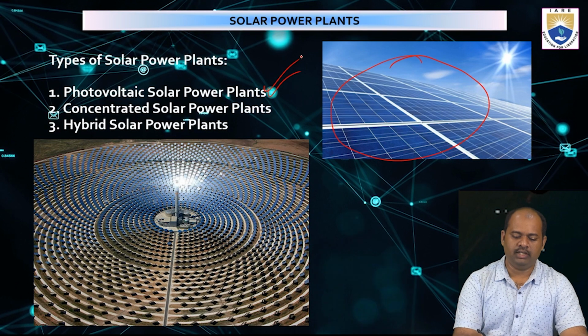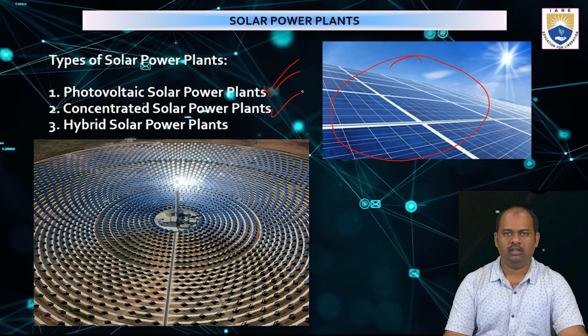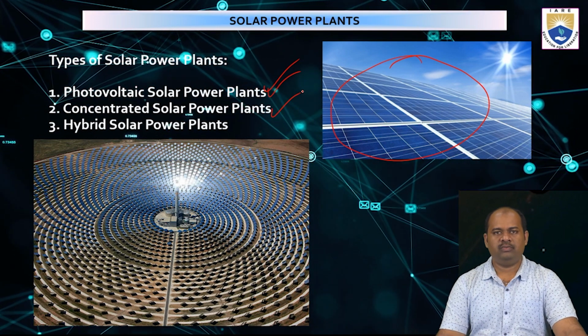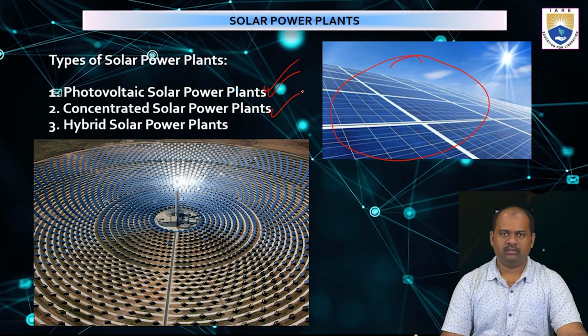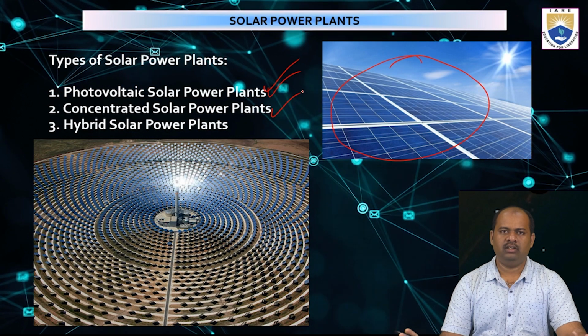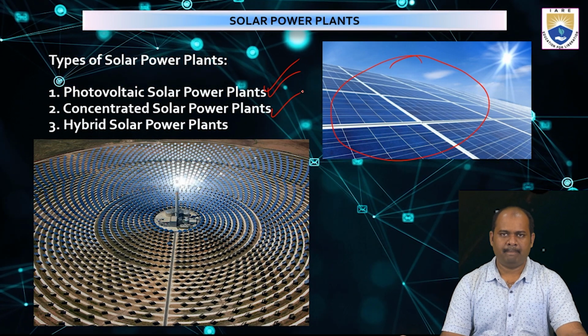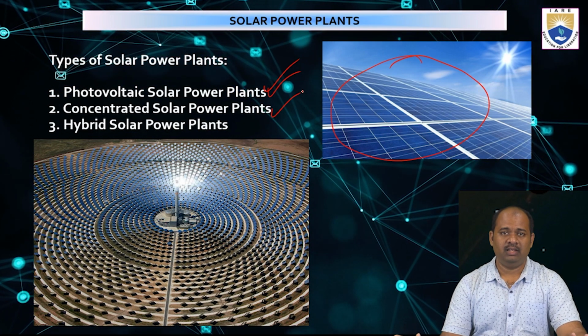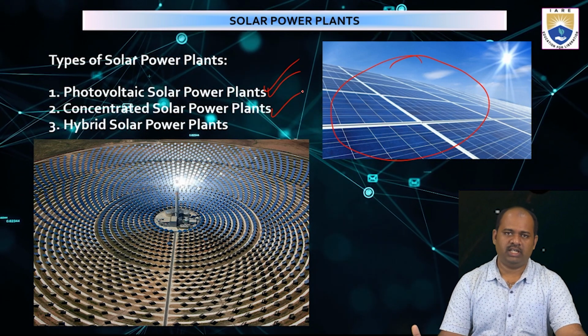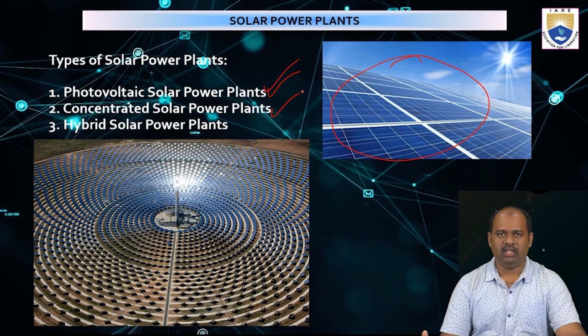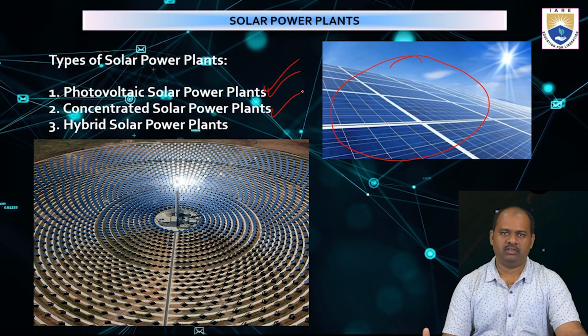Now we have the second kind, concentrated solar power plants. These are another type of solar power plant where we have a large number of mirrors. All these mirrors are aligned towards the sun at different times in a day, because as we live on the planet Earth, we are continuously rotating around the sun in a span of 24 hours.